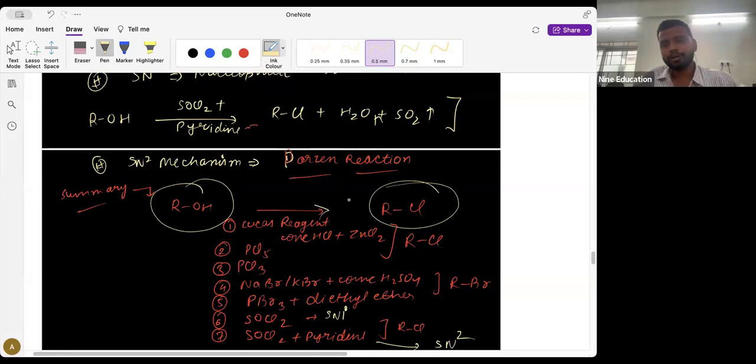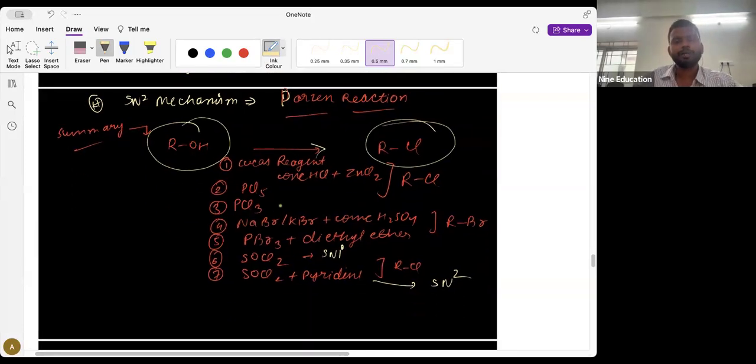If you want to convert alcohol to alkyl halide, you can use these reagents on the arrow. If somewhere you find these, you should know that alcohol is being changed to alkyl halide, from one functional group to another functional group. This OH and Cl are called functional groups.